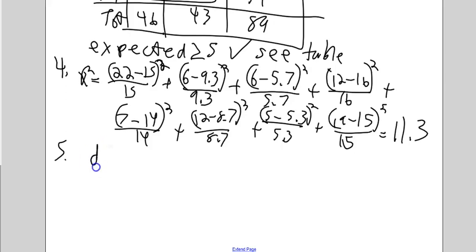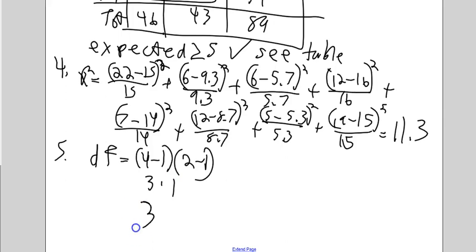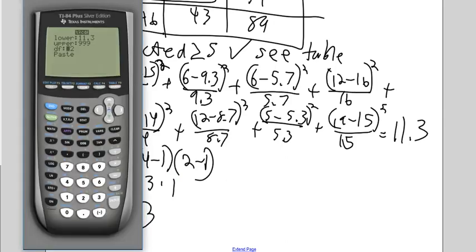So our degrees of freedom is equal to 4 minus 1 times 2 minus 1. That's 3 times 1, so that's 3. Now when we go here, we put a 3 in there, enter a few times, and there is our number, 0.01.